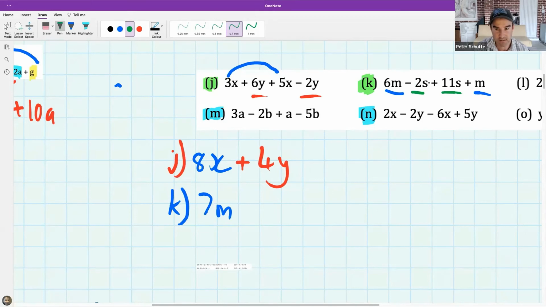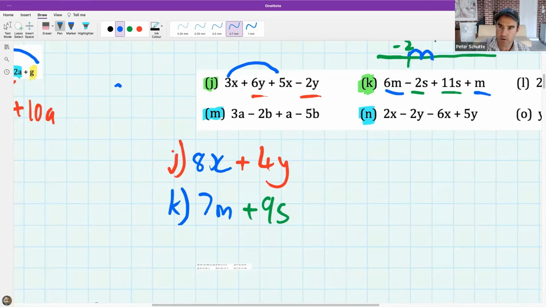Minus 2s plus 11s, I heard 9s. Yes, plus 9s. Yeah, 9s, because on the number line, if you start at minus 2 and you add 11, you have to go up by 2 to get to 0, and then you keep going for another 9.